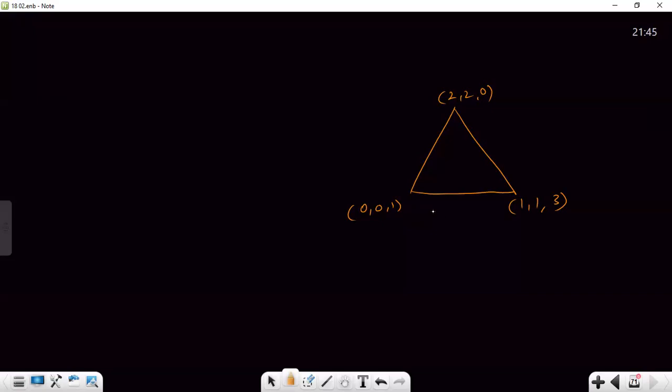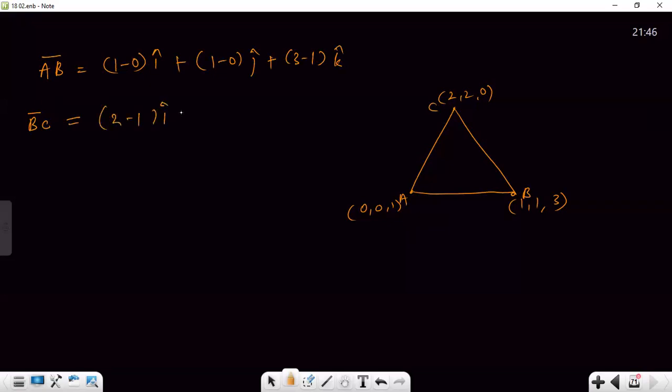How can you do so? Let's consider these as point A, point B, point C. So find AB vector by subtracting: 1 minus 0 i cap plus 1 minus 0 j cap plus 3 minus 1 k cap. That is AB vector. What about BC vector? Subtract coordinates: 2 minus 1 i cap plus 2 minus 1 j cap plus 0 minus 3 k cap.